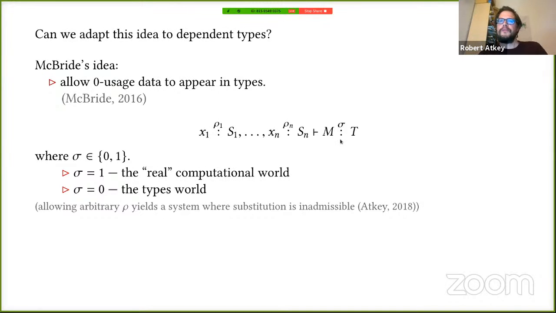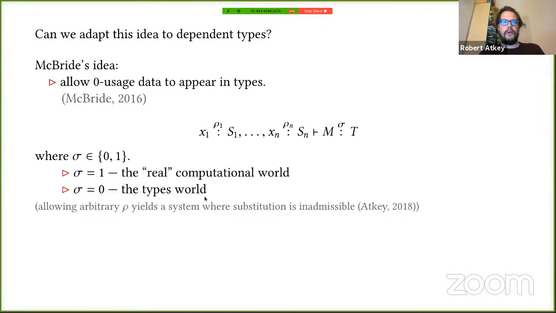To get this system to work, we now have to annotate the result with whether or not this thing is going to be used. So we effectively have 2 parallel systems that happen to have almost the same syntax. One where the sigma at the end is 1, which is the real computational world, and then a sigma equals 0, which is the types world.